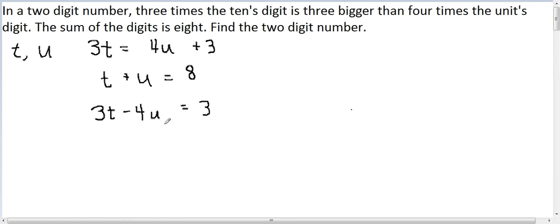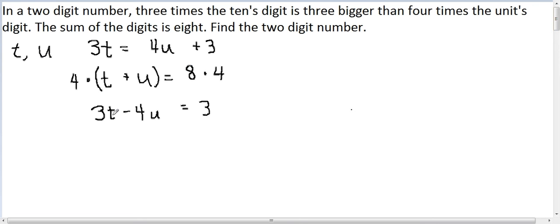Now, when we add the equations together, we want to match up the coefficients so that either the t or u have coefficients that are additive inverses of each other. So we can match either, but let's say we want to match u since we already have a minus 4 in this equation. So we want to end up with a coefficient of 4. So let's multiply the second equation by 4.